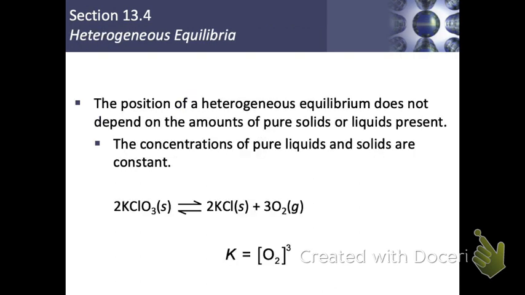They are liquid and solid. So when I set up K, it's a product, so it goes in the numerator. It's a concentration of O2 to the third power, and that's it. Right, so the only thing that goes into those expressions is gases. Okay. That's really all that section of the chapter kind of reiterates.